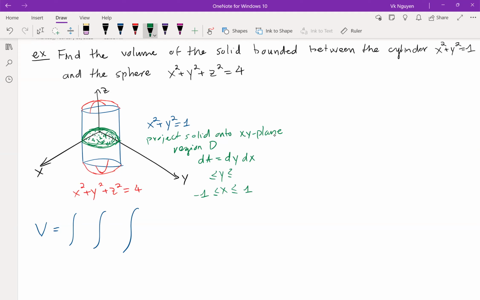So that would be negative root of 1 minus x squared to root of 1 minus x squared.